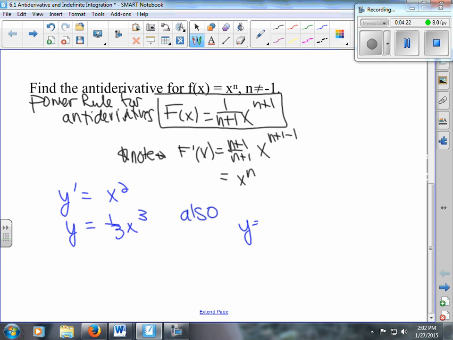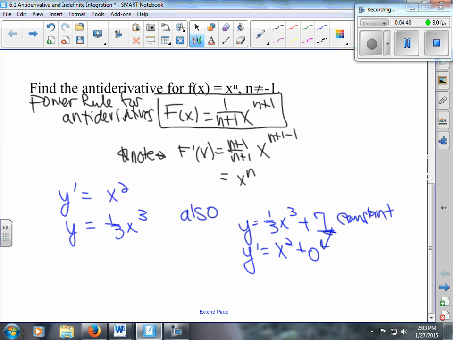Maybe y was 1/3 x to the third plus 7. Could this be our antiderivative? Why, yes, it could, because when you take the derivative of that, you get x squared plus 0. In fact, you get plus 0 anytime that number there is a constant, because the derivative of a constant is 0.